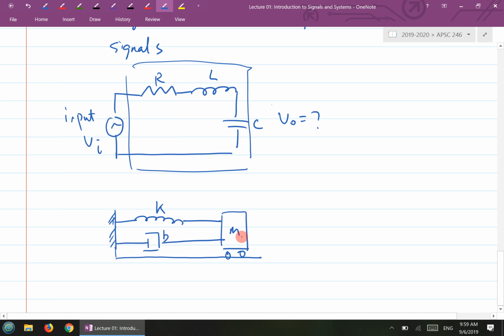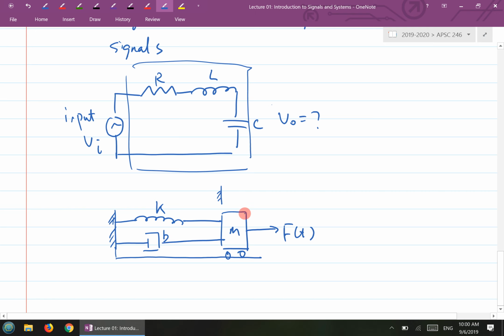So this is essentially a mass. You consider the cart, that's fine, attached to a spring and a damper. There might be an external force applied to this mass. And often in time, we'll be interested in, given this system, what will be the displacement behavior of this mass. Basically, we set up a system.